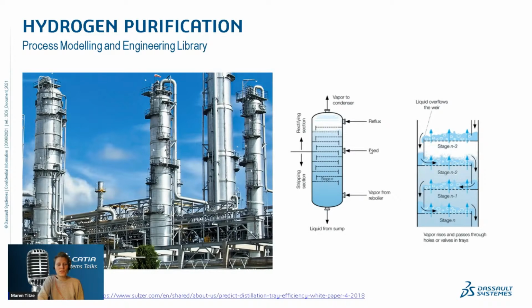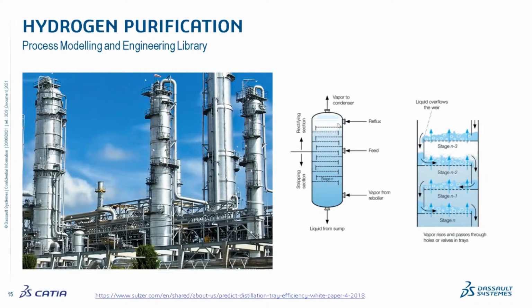Here we have a drawing of a distillation column, and we see that we have a product mixture, so a mixture of components that goes in here. It separates into liquid that goes down and gas that goes up, and we can take out this gas product and we can take a part of it and bring it back into the column.